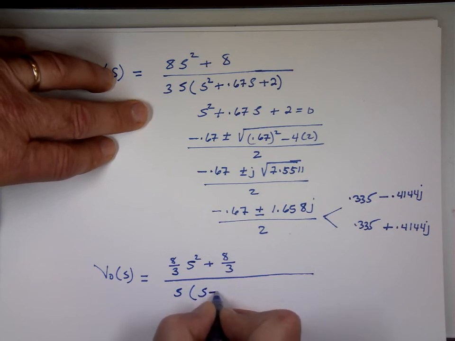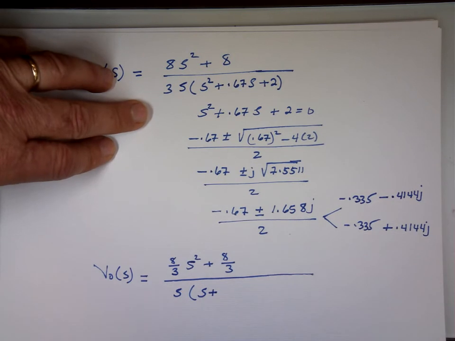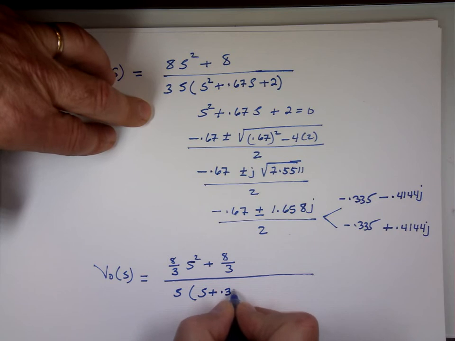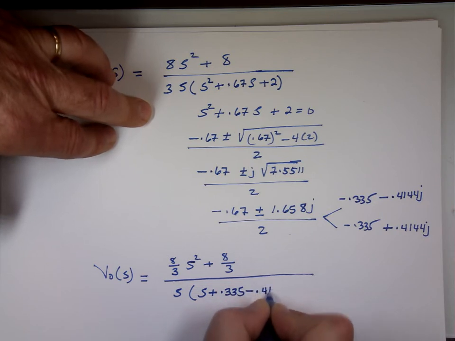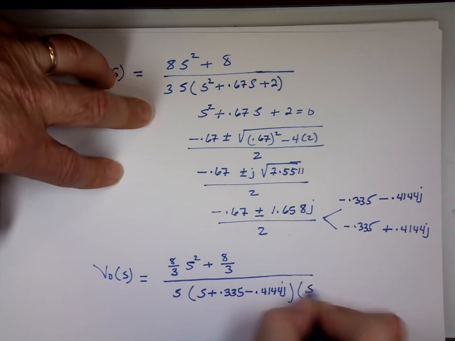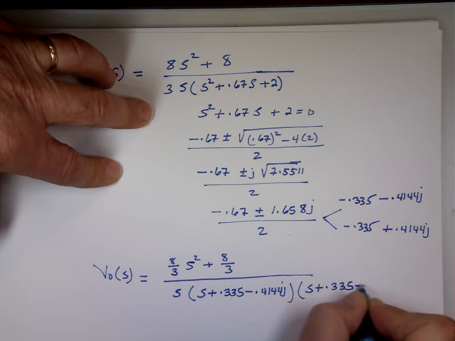That'll be a plus 0.335 minus 0.4144J. The other one, S plus 0.335 plus 0.4144J.